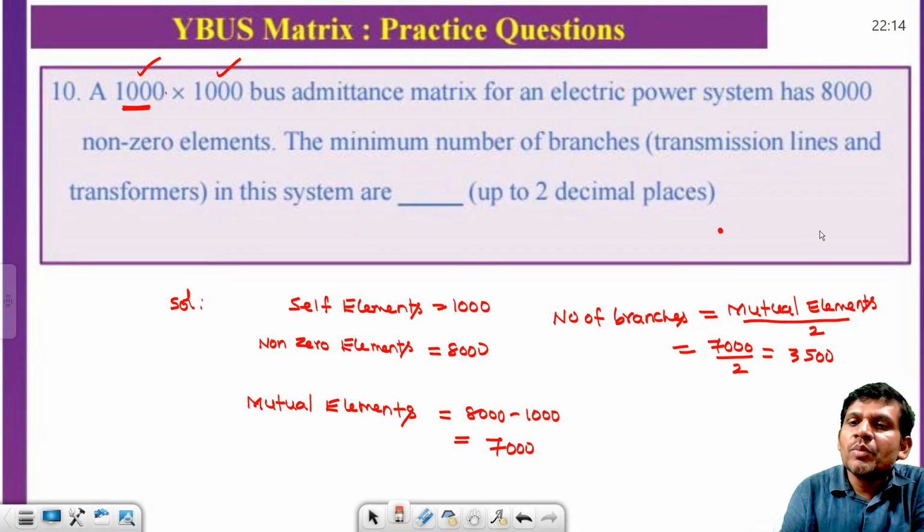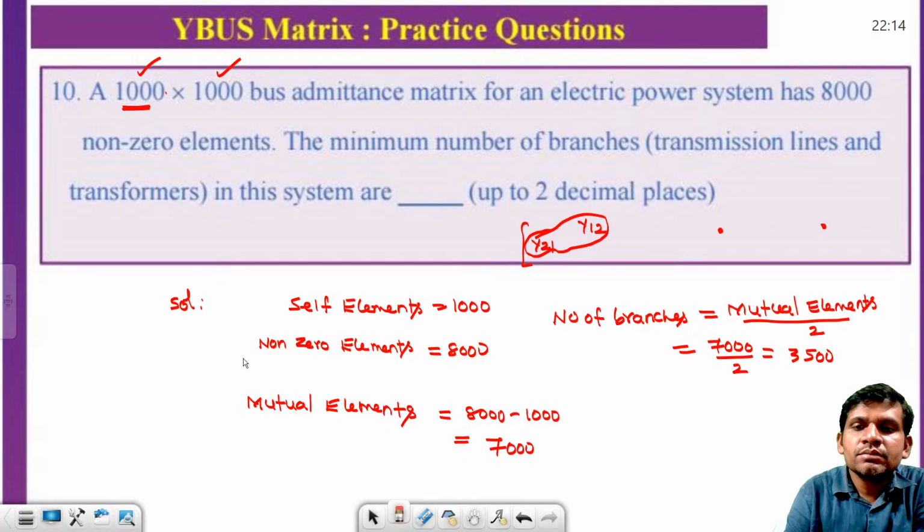ఎందుకంటే ఇప్పుడు మనకు Y బస్ మ్యాట్రిక్స్ లో Y13 ఉంటుంది, Y31 ఉంటుంది. కరెక్టేనా? ఫర్ ఎగ్జాంపుల్ Y12 ఉంటుంది, Y21 ఉంటుంది. ఈ రెండు కూడా ఒక బ్రాంచ్కే.